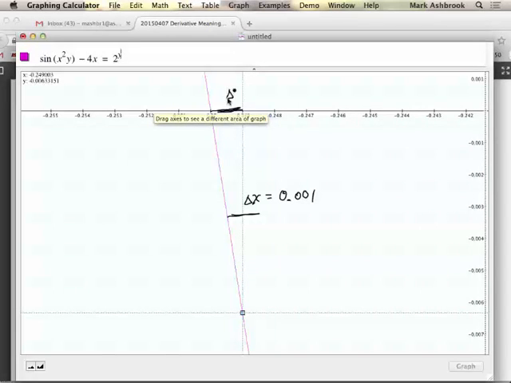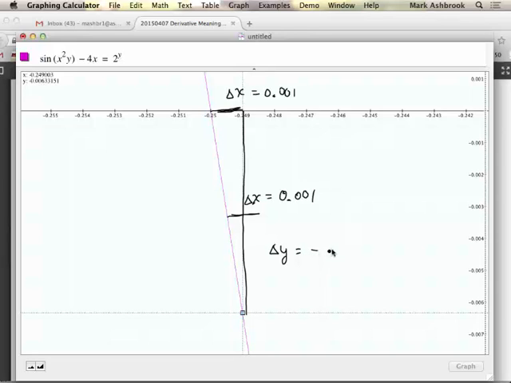So this is our delta x of 0.001. Delta y is 0.001 times negative 6.3. So I'm getting negative 0.00633. We're checking that calculation by looking at the graph. And what did we say it was? 6.3? Yeah. Okay? So I'm just doing this by the graph.